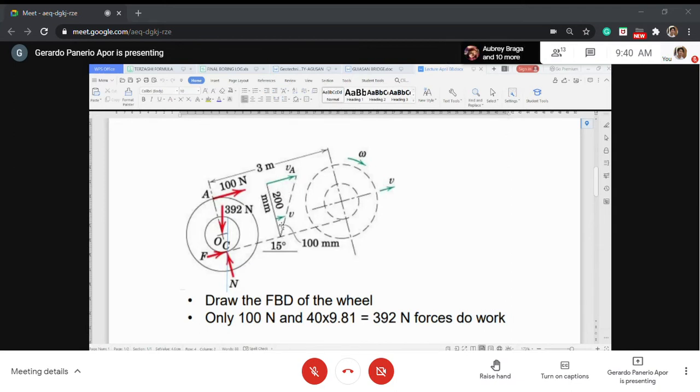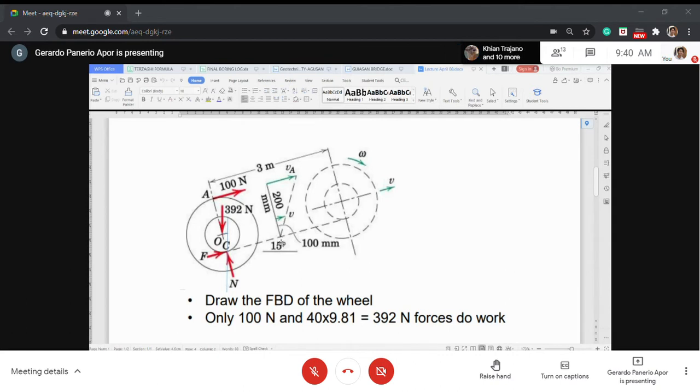So you have this line here that is 300 mm. Why is it 300 mm? Because you have 100 as the radius of this one and 200 here, so that means this is 300.